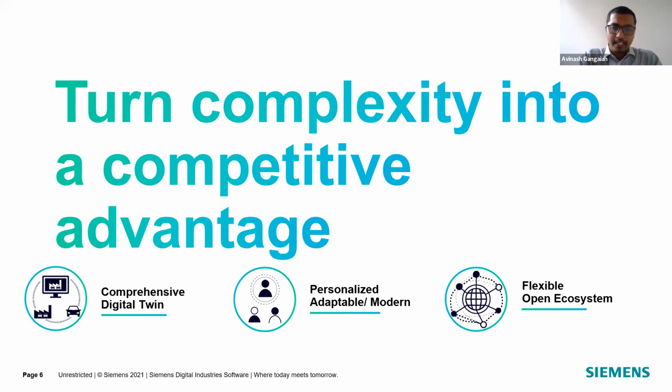I'll talk about it in depth in the coming slides, but the goal is to see how we can mimic digitally the behavior of your product, right from the time it's conceptualized till the time it is manufactured and put to use by its end user, so that throughout the cycle you are able to mimic its behavior and gather an understanding of the product so as to have enough information to make the product better in the next generation.